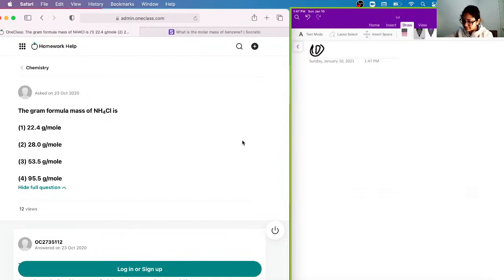And so let's write this down: molar mass of ammonium chloride. What we would do is break this down into the individual atoms. And so we have nitrogen, hydrogen, chlorine. So you have your molar mass of nitrogen plus the molar mass of your hydrogen, in this case you have 4, and the molar mass of chlorine.